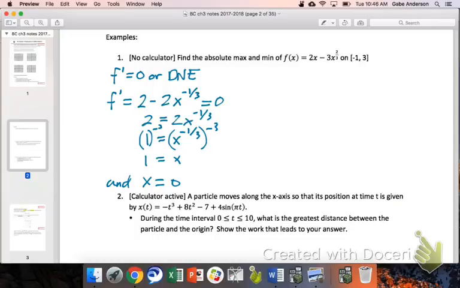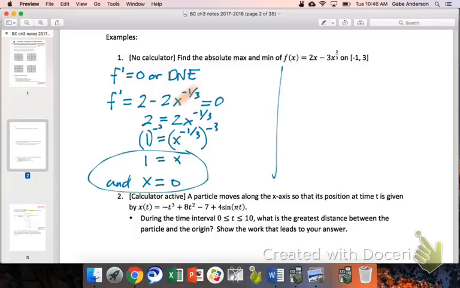Yep. So when you look back up here, this is really a recognition point. Because you've got x to a negative exponent, technically that means that it's an x in the denominator. So if x were 0, you'd have a 0 in the denominator, which is not okay, meaning that you'd have f prime DNE.